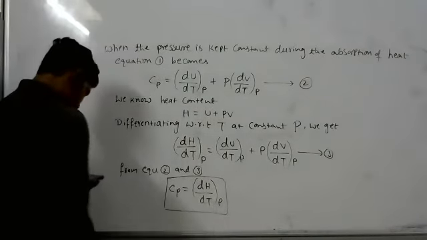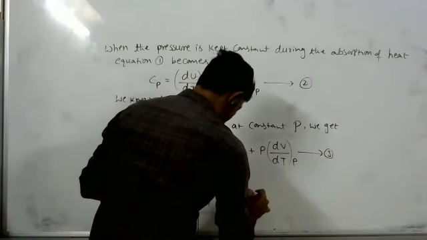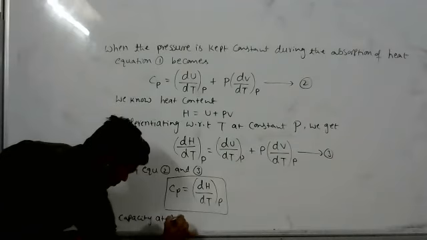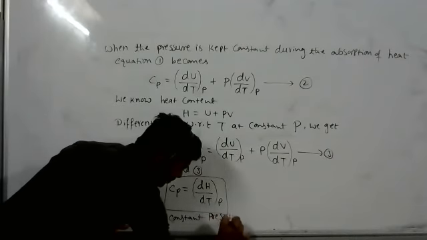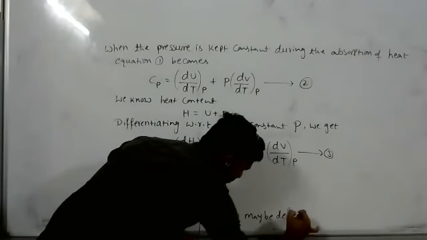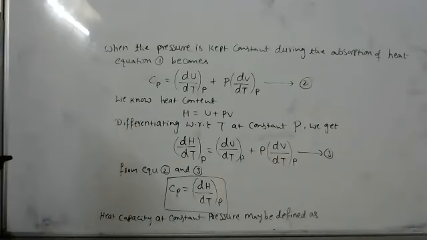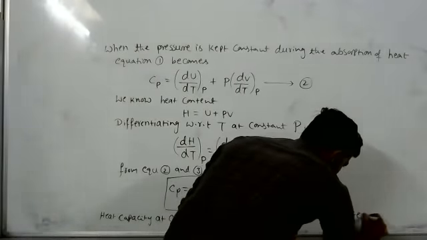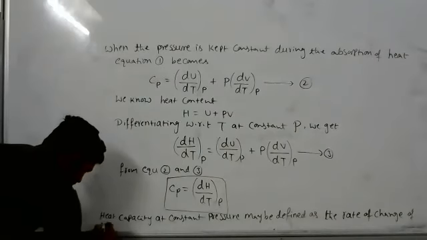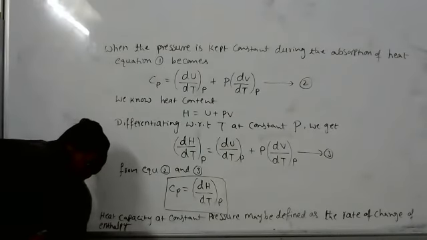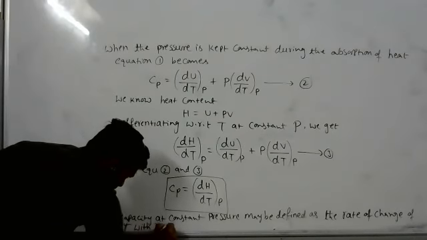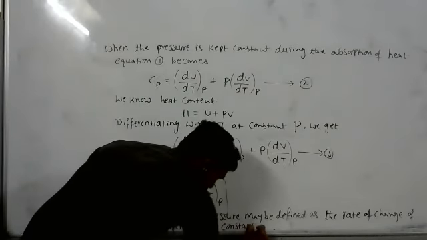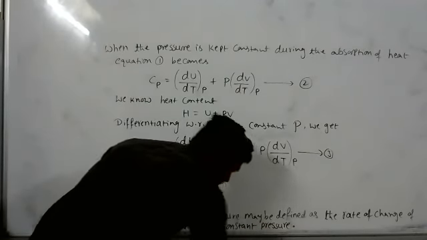After giving this formula, write down: the heat capacity at constant pressure may be defined as the rate of change of enthalpy with temperature at constant pressure.